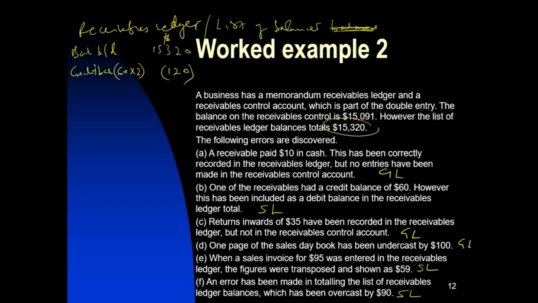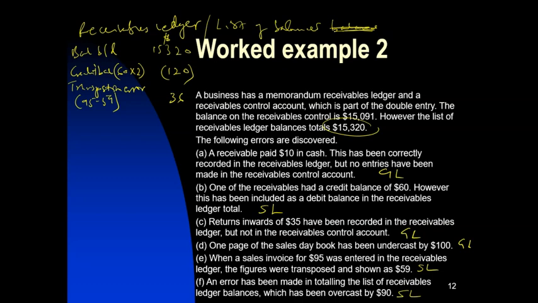We have to ensure that the receivable is brought to its actual figure of 95. So the difference is how much? 95 minus 59, and we can see that there was a 36 which should be added, to ensure that we recover that money.